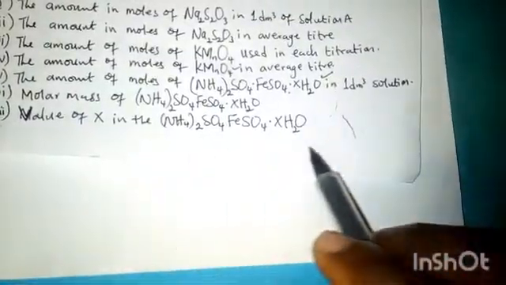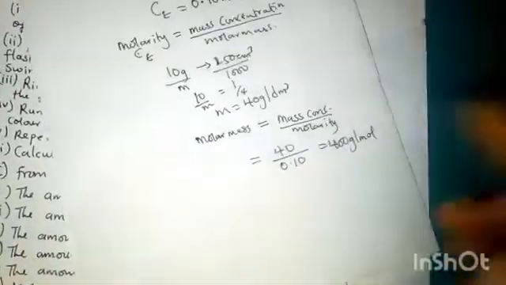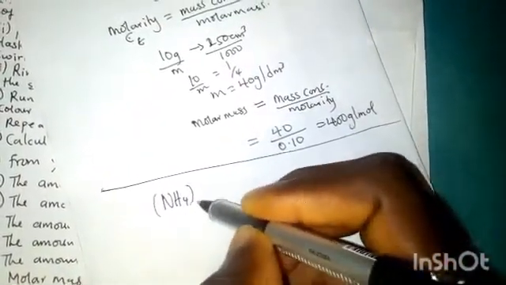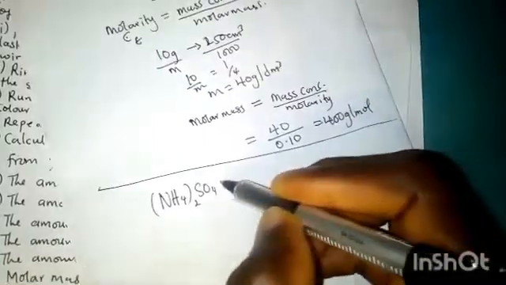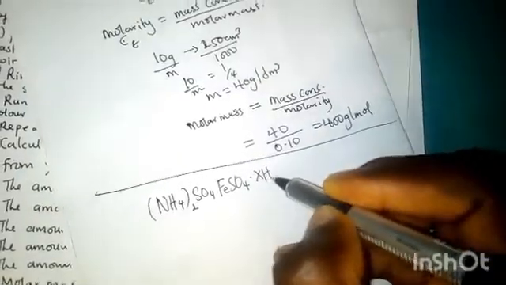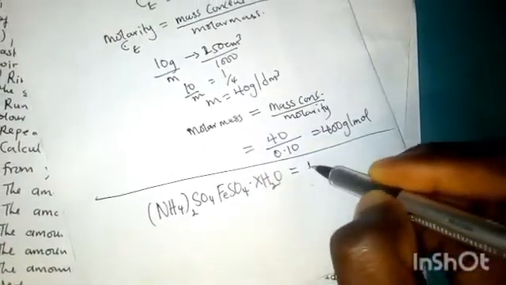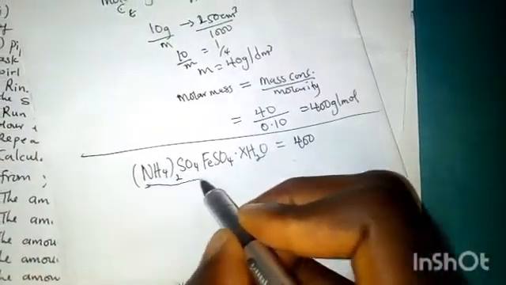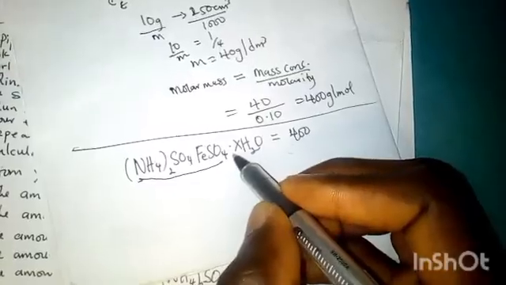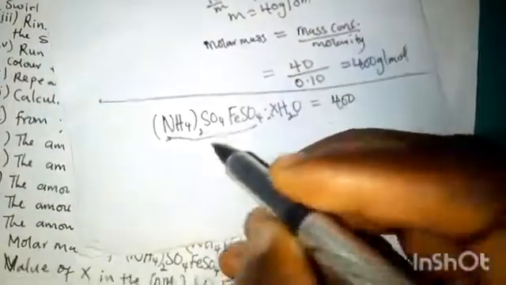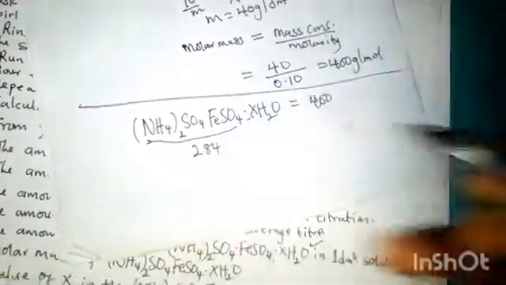Now the next question says we should find the value of X here. To find the value of X, we know that the molar mass of (NH4)2SO4.FeSO4.XH2O is now 400. So I would have to find the mass of this, then add X times 18. So what's the mass of this? This gives 284.